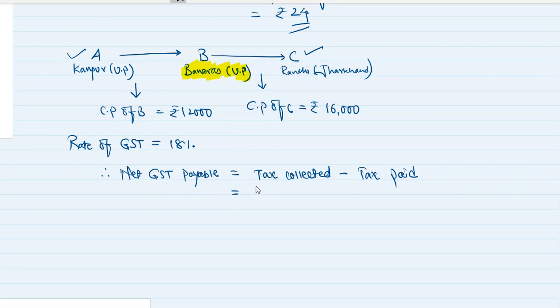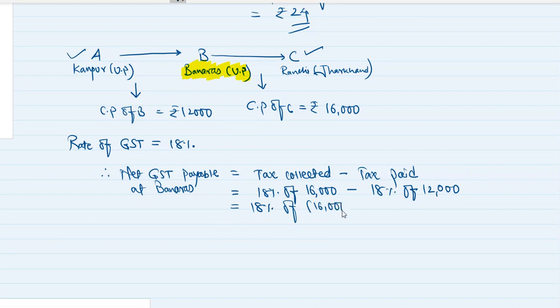So net GST payable at Banaras by B is tax collected, which is 18% of 16,000, minus tax paid, which is 18% of 12,000. You can write it as 18% of 16,000 minus 12,000, which is 18% of 4,000, which is 18 upon 100 multiplied by 4,000.